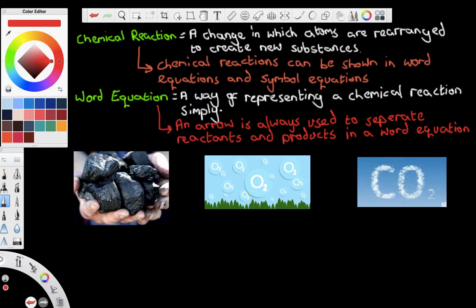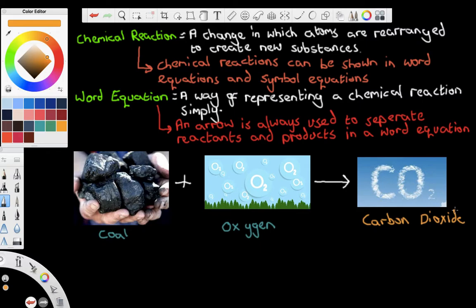Now, coal and oxygen would be our reactants. We're reacting coal and oxygen together to make the product carbon dioxide. Okay? So we've got coal plus oxygen to make, oh, if I could spell oxygen, coal plus oxygen to make the product carbon dioxide. Okay?